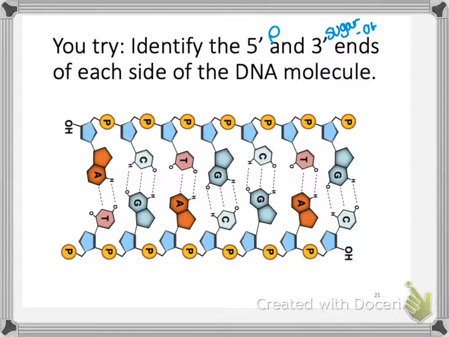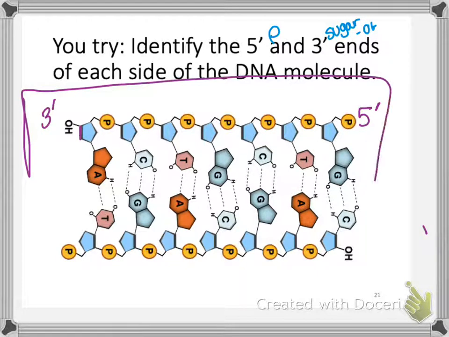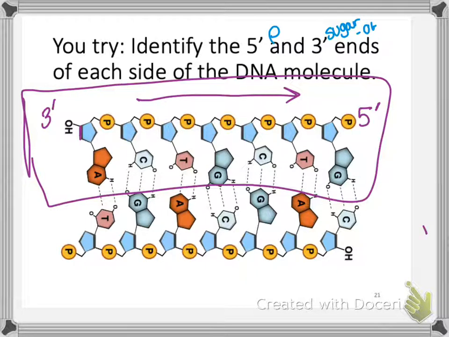All right, so hopefully you figured this out. Let's start over here on the right. On our top strand, the phosphate group is 5', which means down here, this is our sugar end, this is our 3'. So this half of our DNA molecule is running this way. Now if we look at the other side, it should be the opposite.